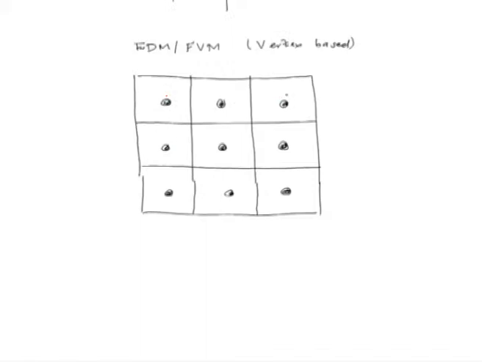So, filled circles represent the scalar nodes, and similarly here our velocity components are also defined at these cell centroids.